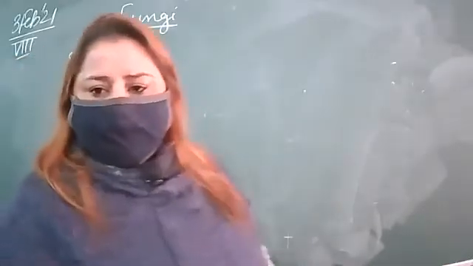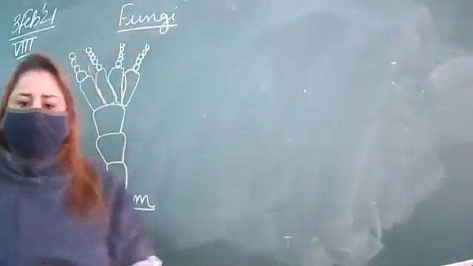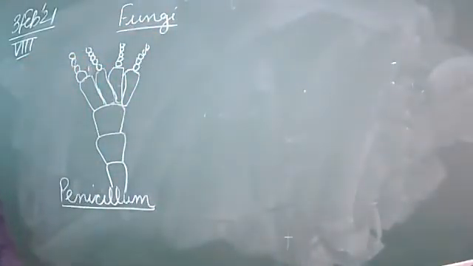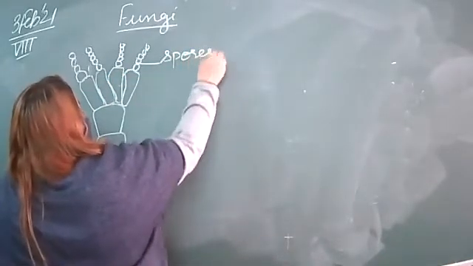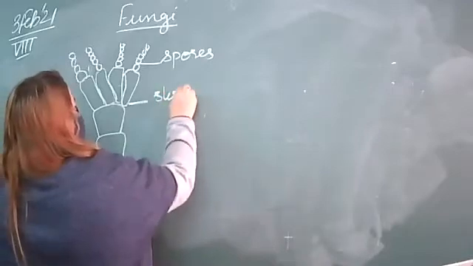Penicillium. Write down spores. And these cup shape structures are called sterigmata.